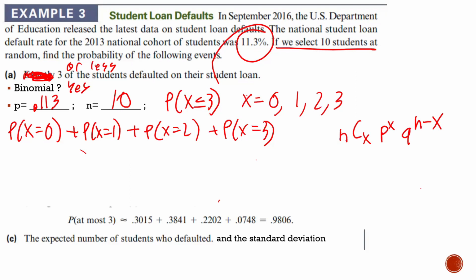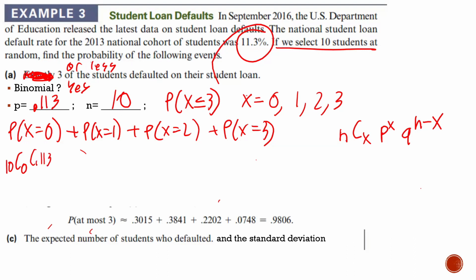For 0, how many ways would there be for none of the students to default on their loan? 1. Everyone does not default. I'll write it out this way: 10 choose 0, following the formula.